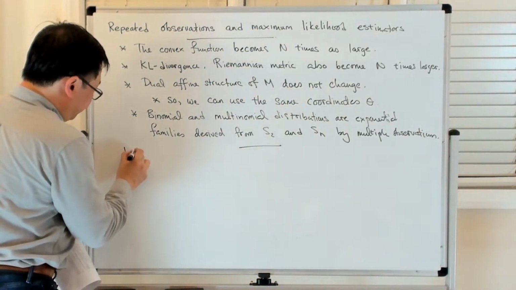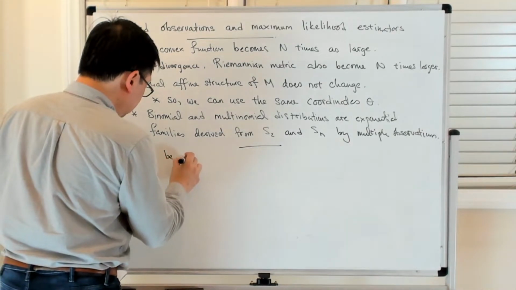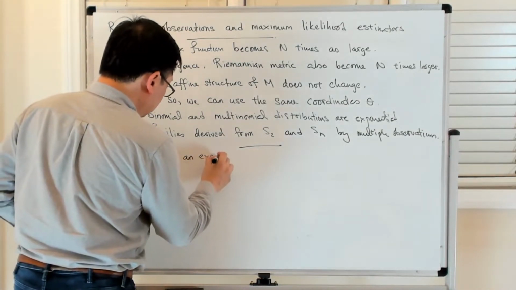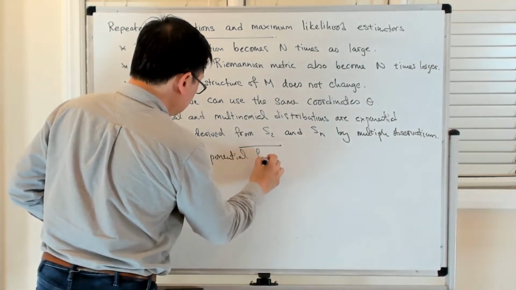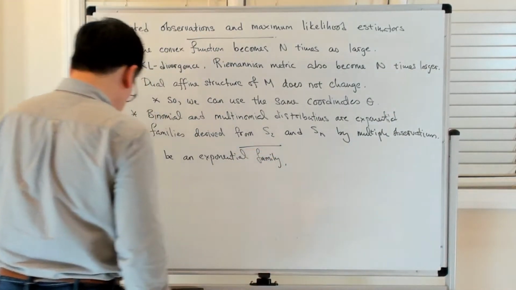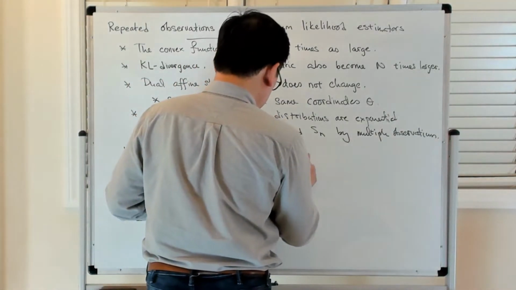Let's say we have M, which is an exponential family, and you consider a statistical model.